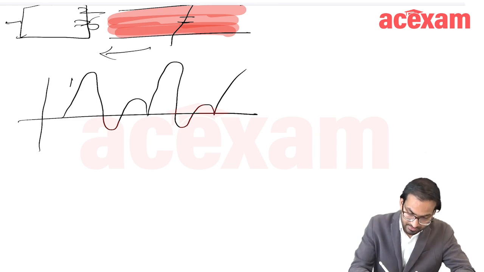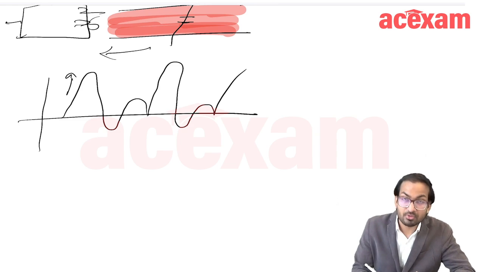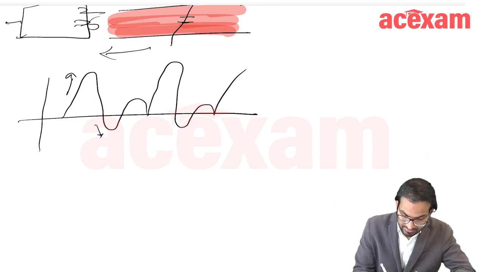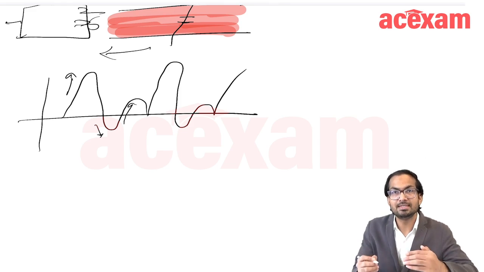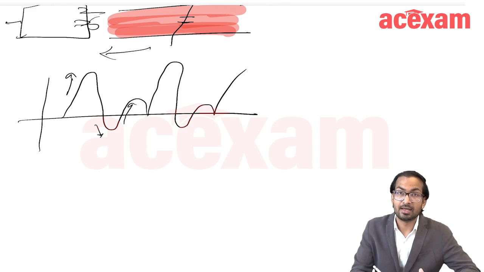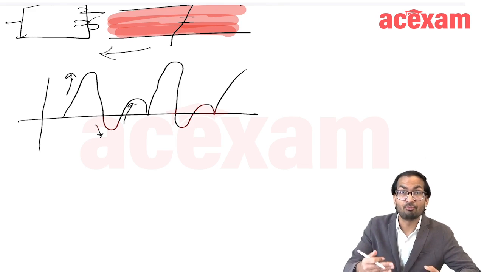So what is happening here? Sharp upstroke, then below the base, and then above the base. When you see these 3 things, that there is a change in the direction of flow within a vessel happening in one cycle 3 times.